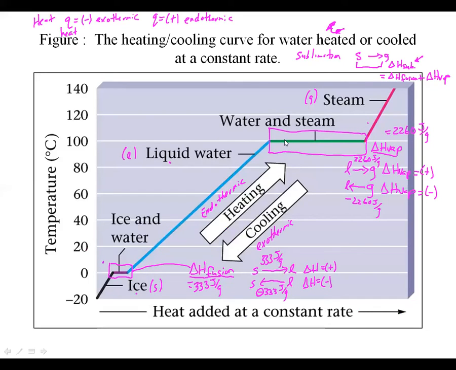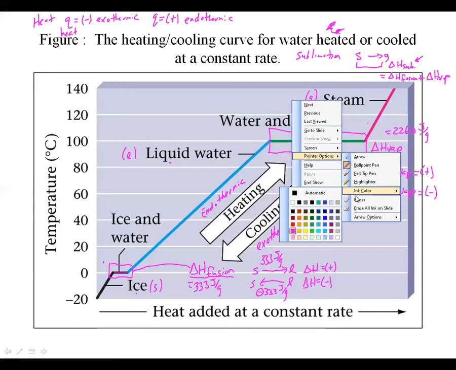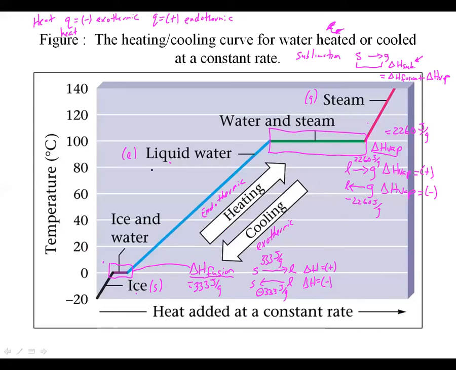And that's because in the case of fusion, going from solid to liquid, remember in the solid phase, everybody is very close to each other. In the liquid phase, everybody's still relatively close to each other, a little bit more room for movement.